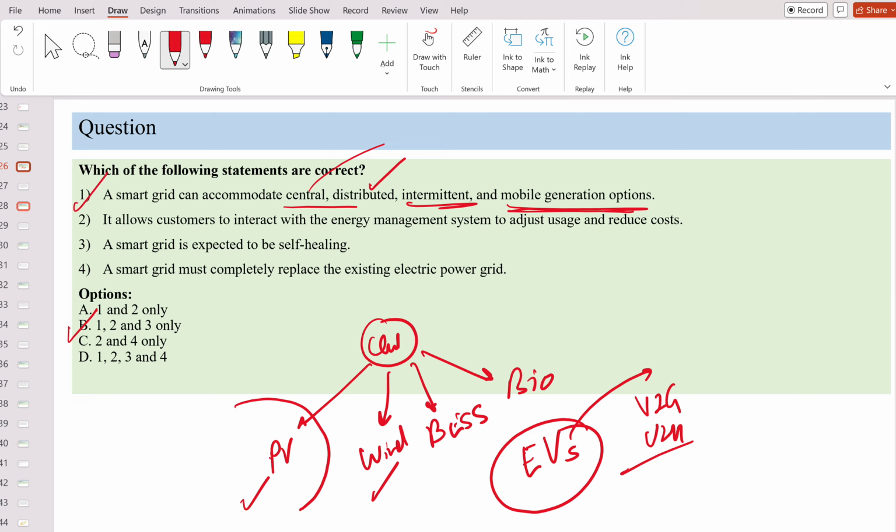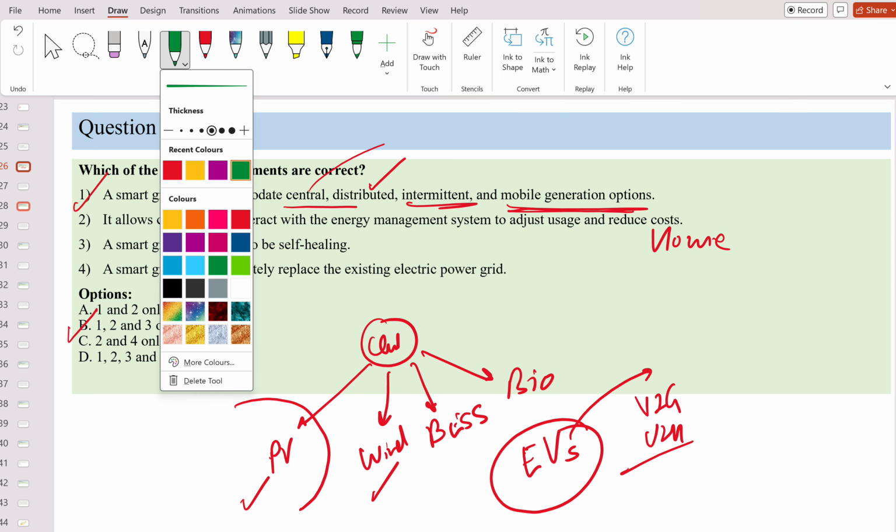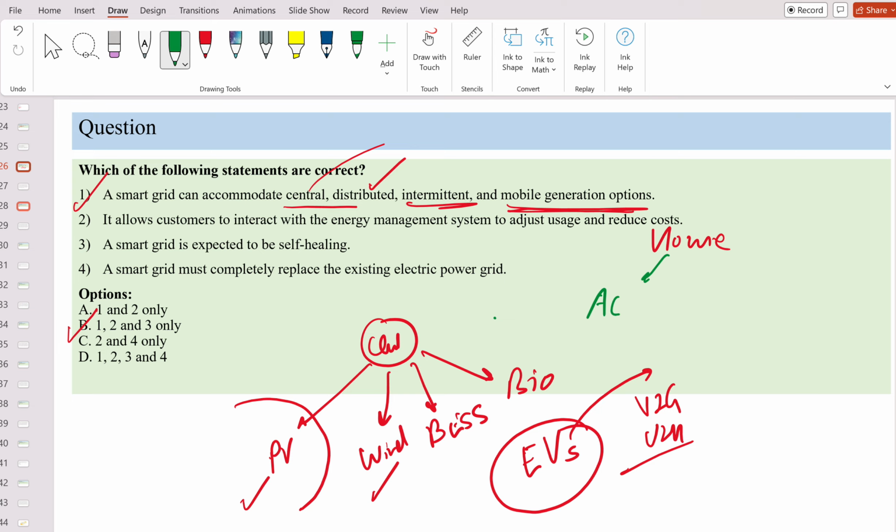The second statement is about the customer interacting with the EMS to adjust usage. Suppose in a house you have different components like an AC, a refrigerator, and heaters. In that scenario you can control your devices smartly and reduce the power consumption of your house.